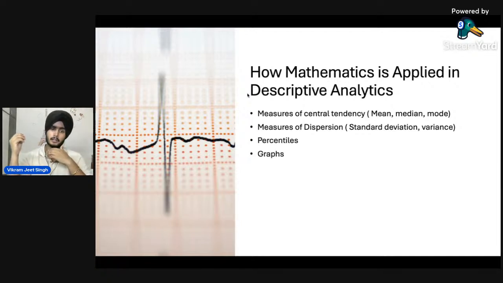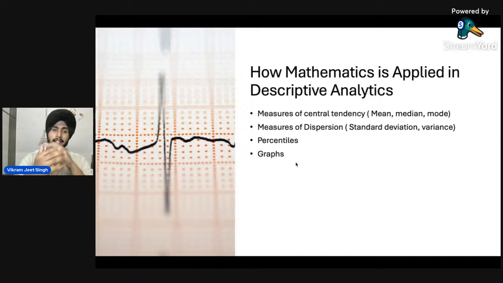So let's take the example of scores of a test.